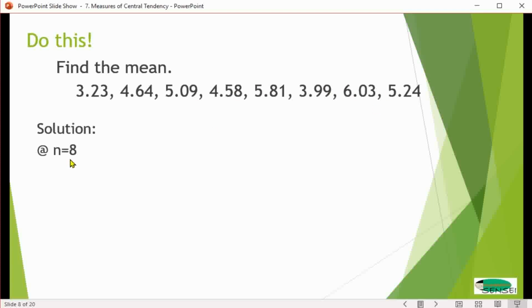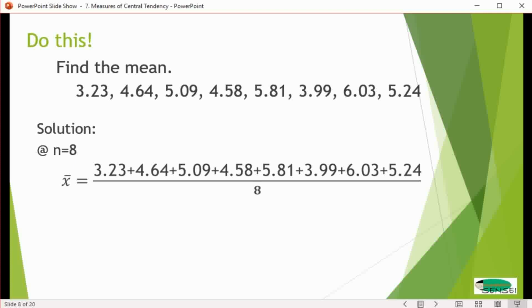N is equal to 8. You add everything. X is equal to 38.61, divided by 8, and approximately we have 4.826. Why do we have three decimal places in our final answer? Again, because there are two decimal places in our given.